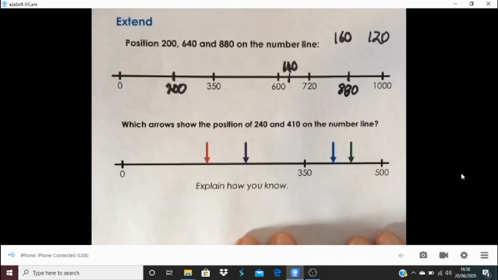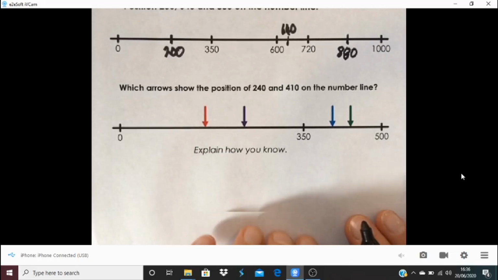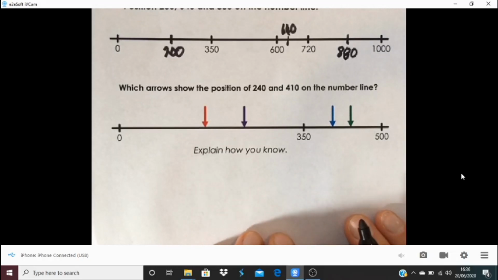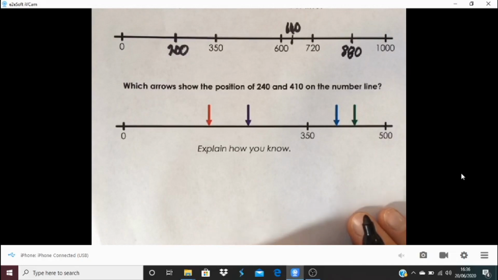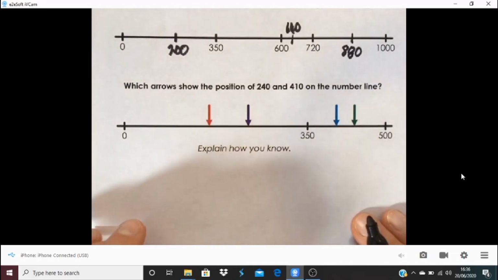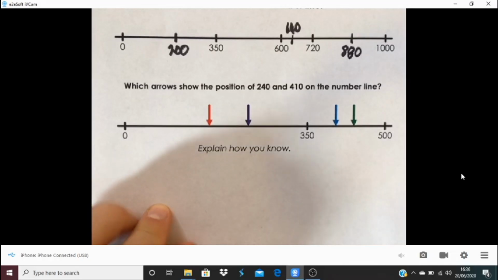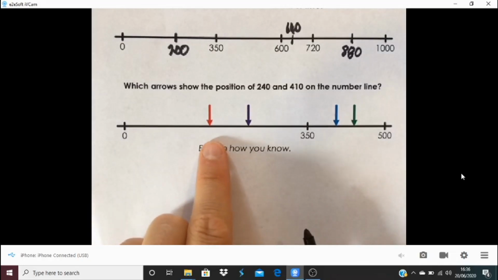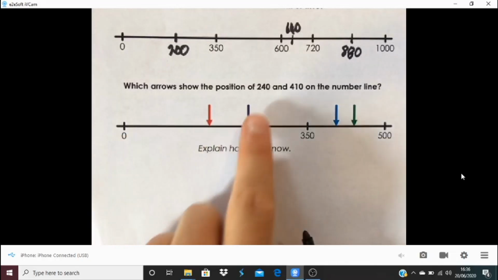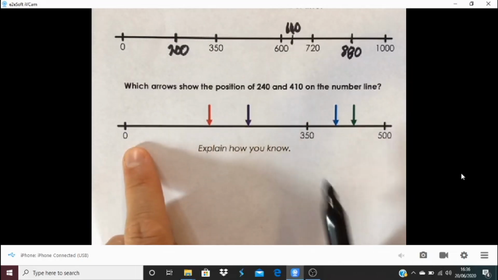Now, the question below said, which arrows show the position of 240 and 410 on the number line. Now again, the thing that I found really helpful for this one was thinking around about, well, whereabouts is halfway. So 240 and 350, or which one is it closest to?